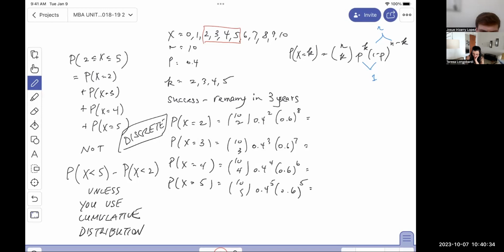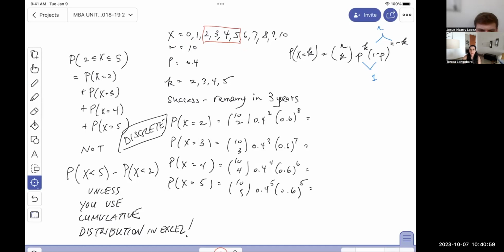We can check that. Doing it this way won't make any sense. You'd have to add all those up and then subtract those. That's a lot of work.